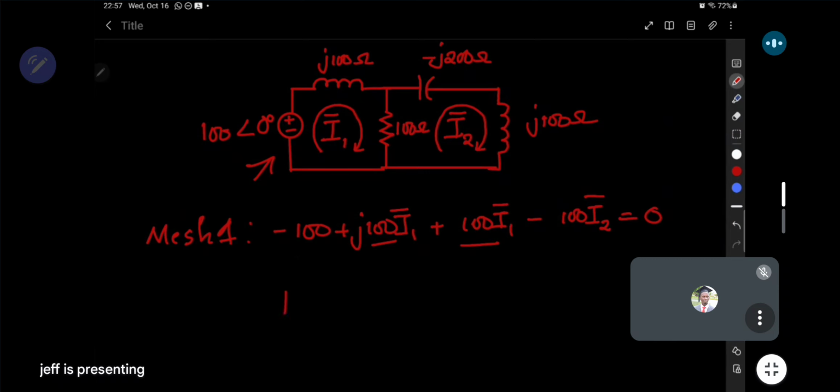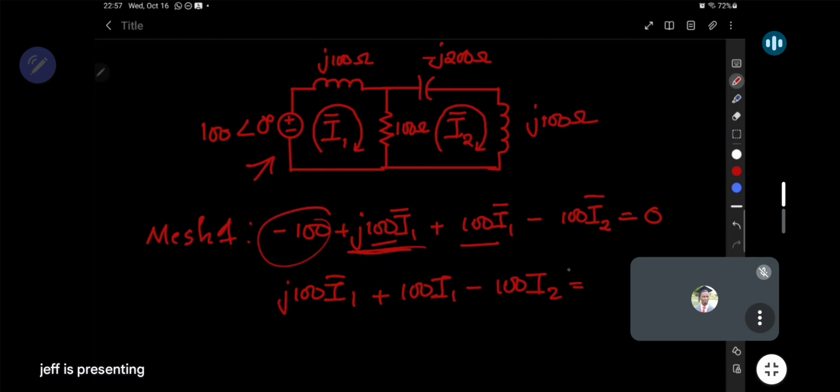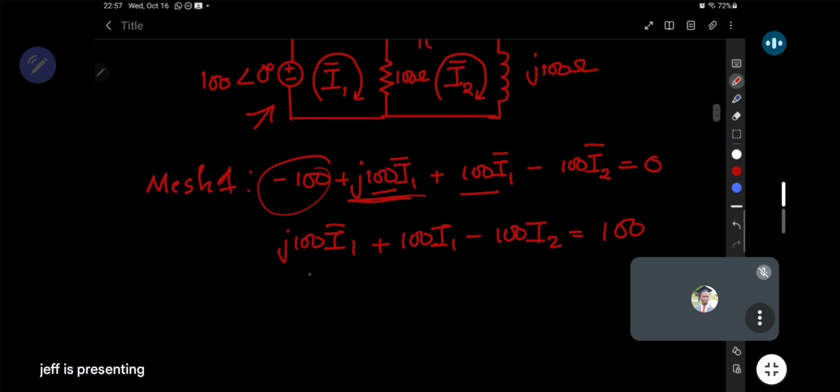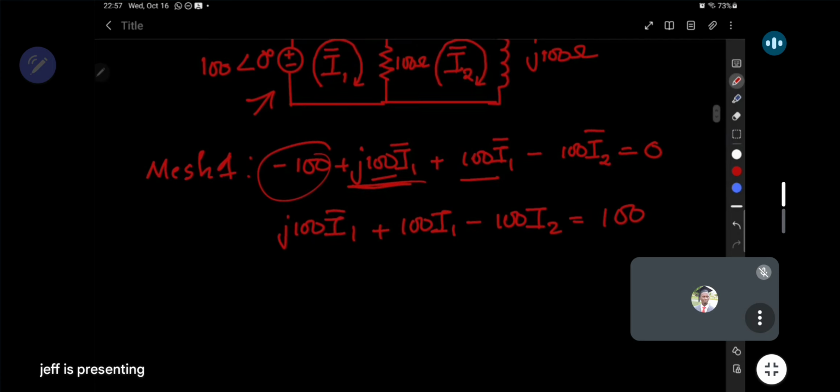So that now we have 100 I1, then plus, now for this part, we have 100 J, I1, then minus 100 I2 is equal to, this 100 went to the right and became positive. So here now we can group the like terms, the terms with I1 together, the terms with I2 together.